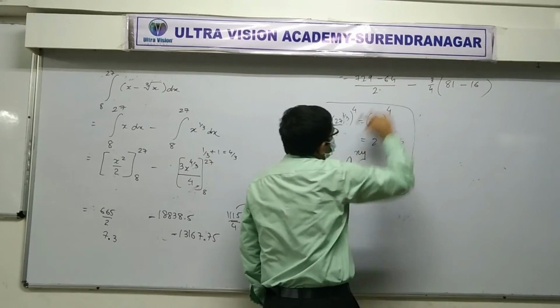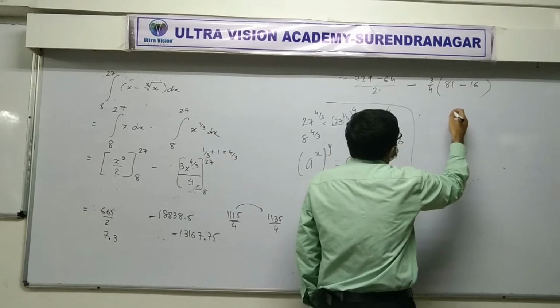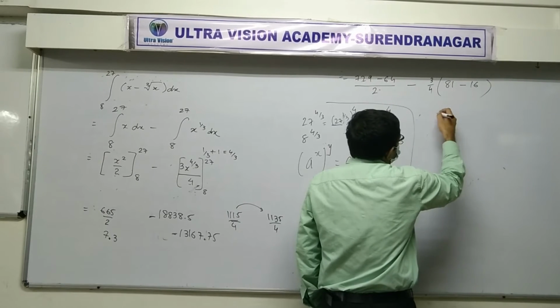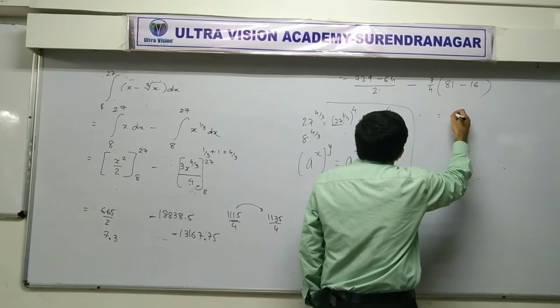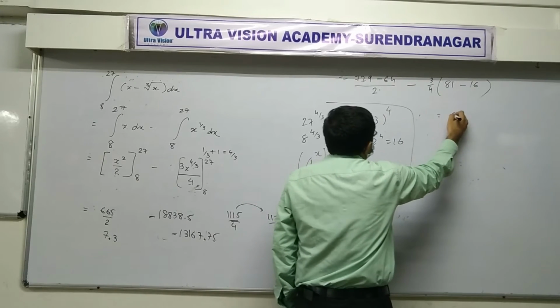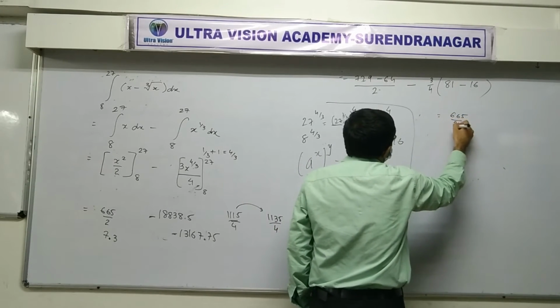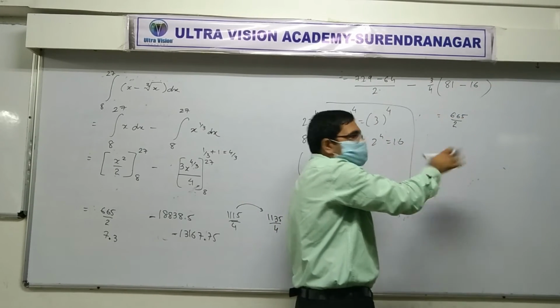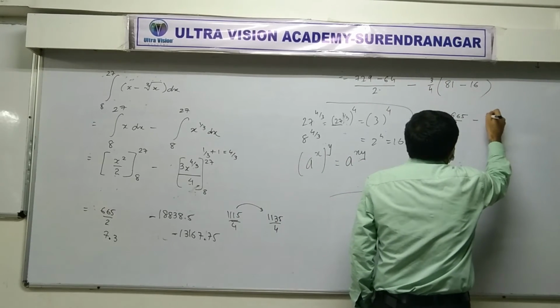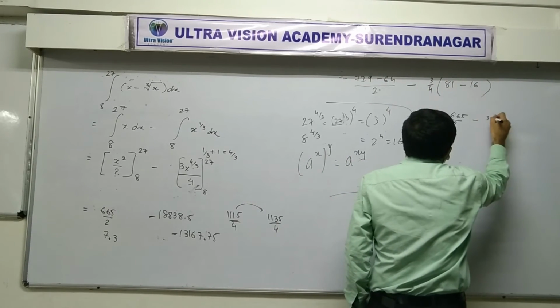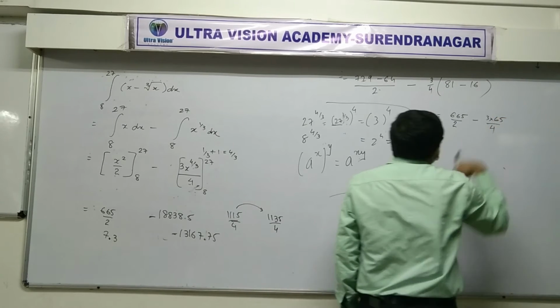So 79 and 64 is how much? This is going to be 665 by 2. So that was the first term. Minus, this is 65. So 3 into 65 upon 4.